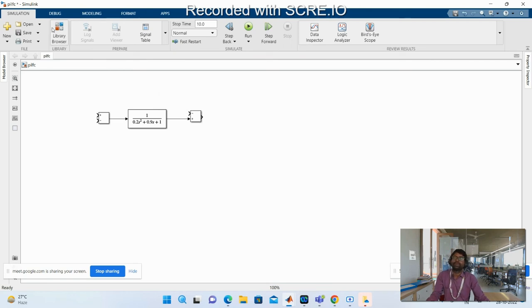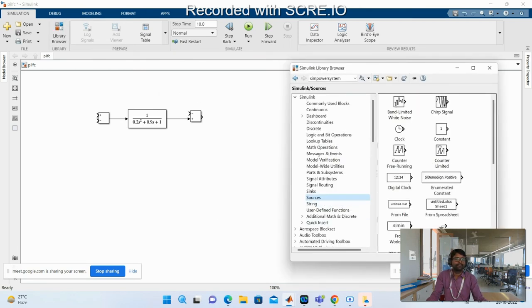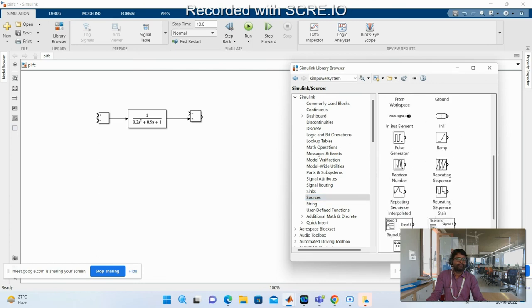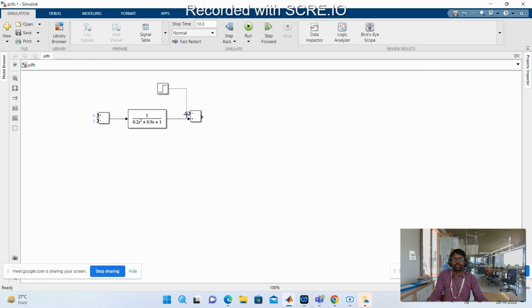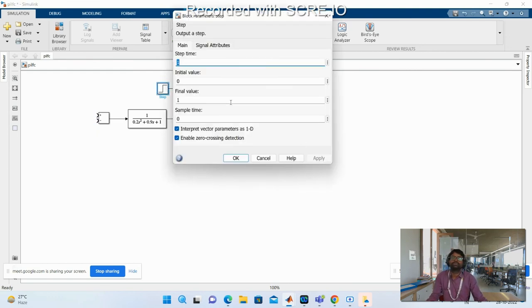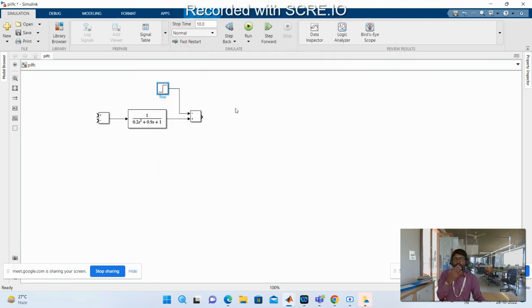Step function. So go to sources and use the step function. Assume there is a step change in load by 0.01 per unit after 5 seconds. So set time 5, final value 0.01. So there is an increase in the load by 0.01 per unit.